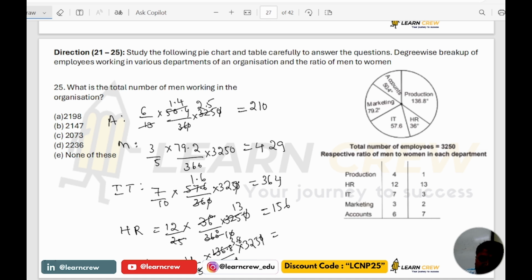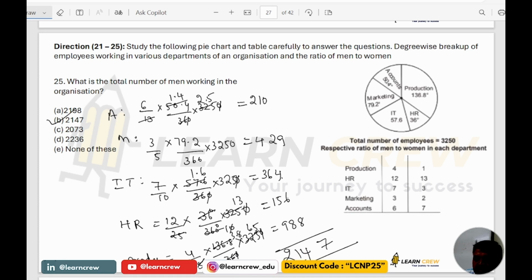Now 5 65s are 325, 65 into 4 is 260. 260 into 3.8 is how much? 988. If I add all these things, how much am I going to get? 8 plus 6, 14 plus 4, 18 plus 9, 27. So ending with 7, you have only one option, that is 2147. 2147 is the answer. Now next.